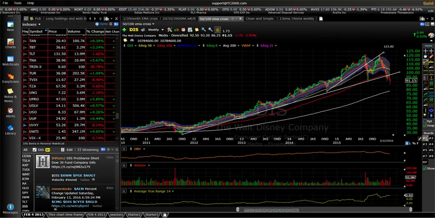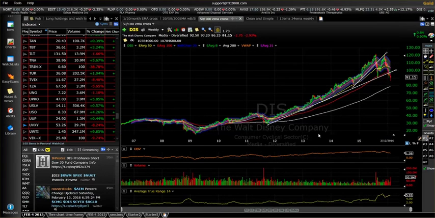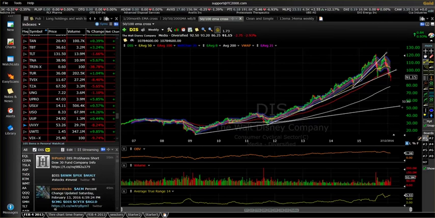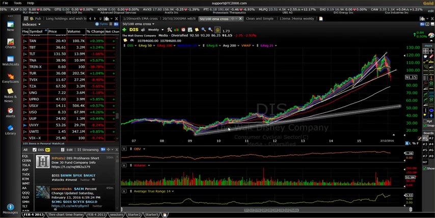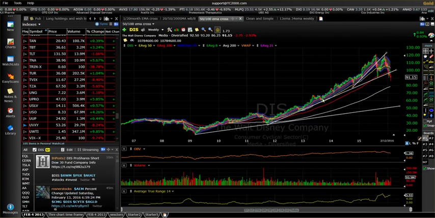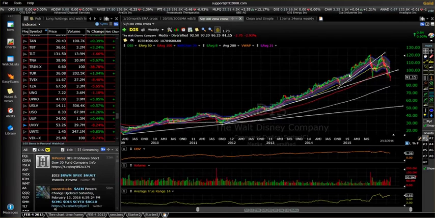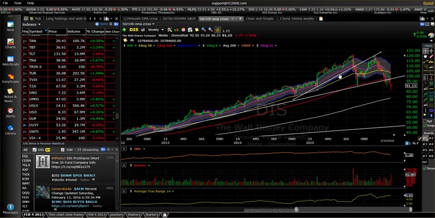Remember we talked about how things can ramp and accelerate. If we go a little bit further back on the weekly, we have a very gradual incline, and we ramped away from that. And now we can see that we've broken this trend line here.